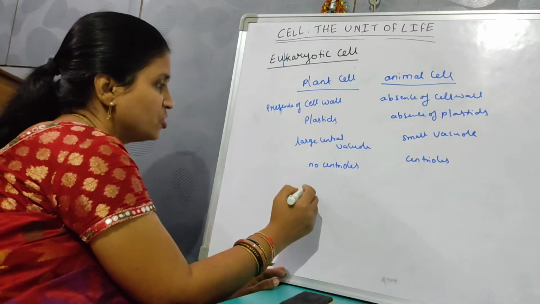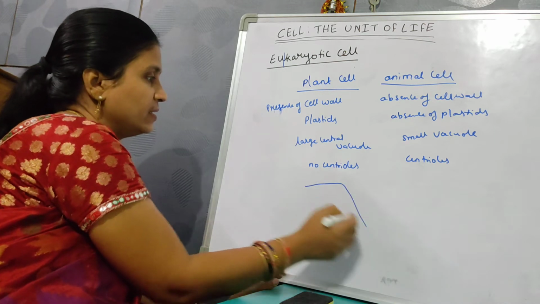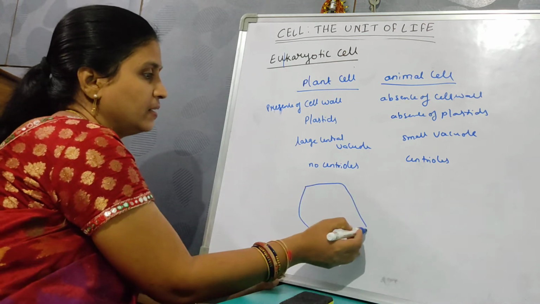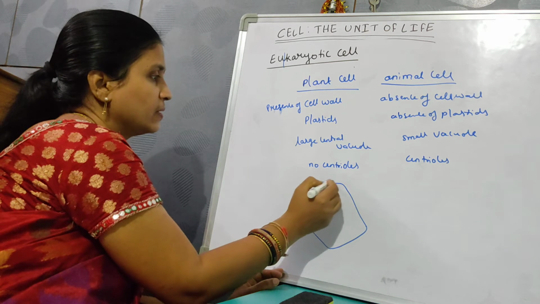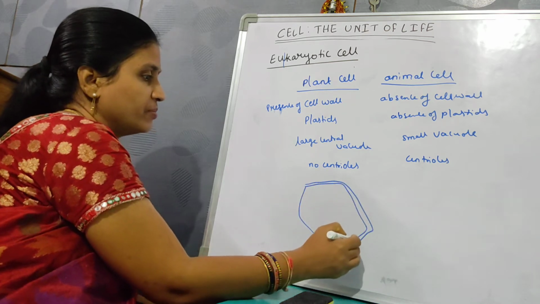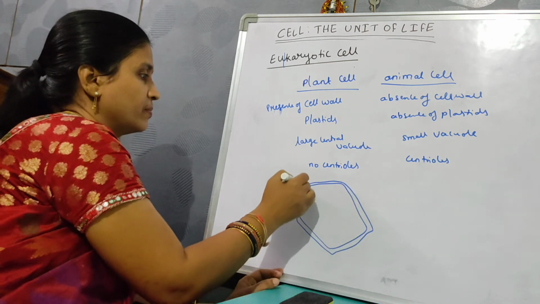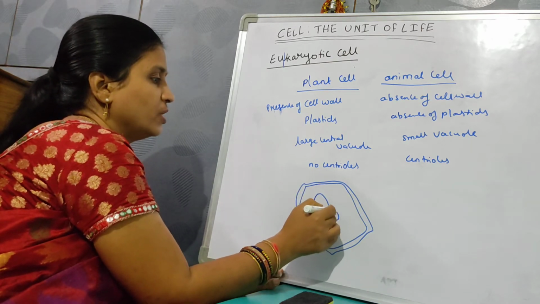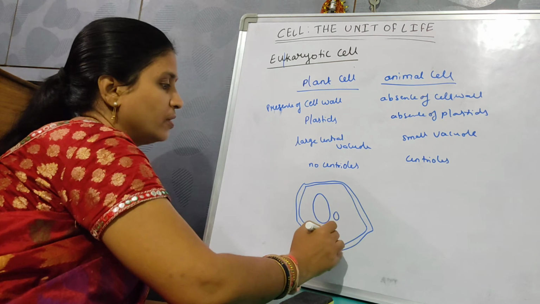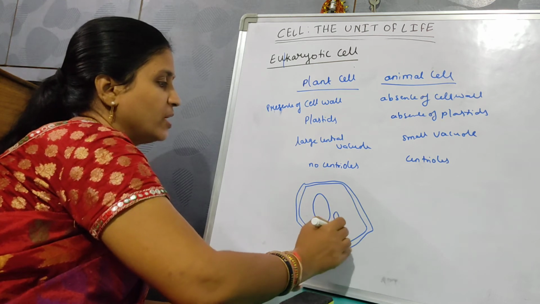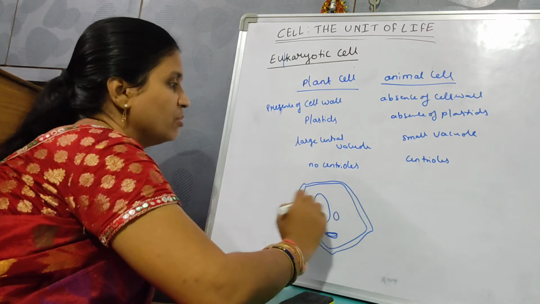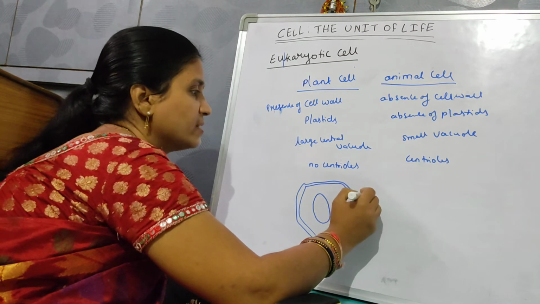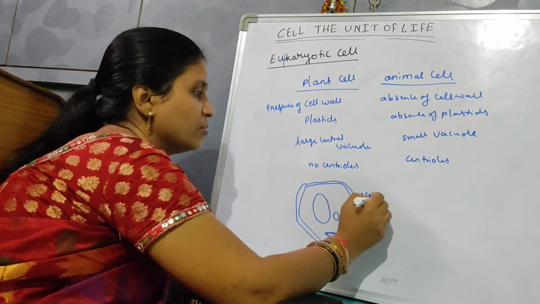So if you see the structure of a plant cell, like this it is going to be. A big central vacuole, the nucleus, here the chloroplast. The chloroplast will be present. This is called the cell membrane.